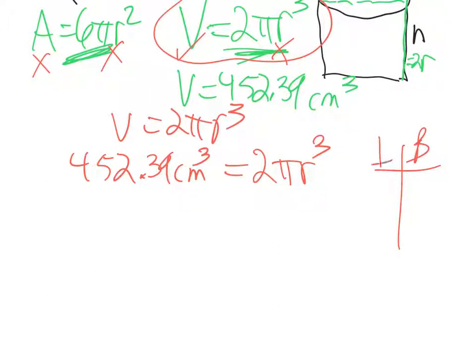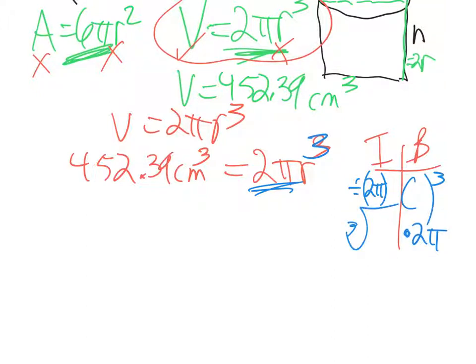First thing I would do is cube, if I had a number for r. The next thing I would do is multiply by 2 pi. What's the inverse of that? Opposite order, opposite operation. Divide by 2 pi. Then I would cube root.